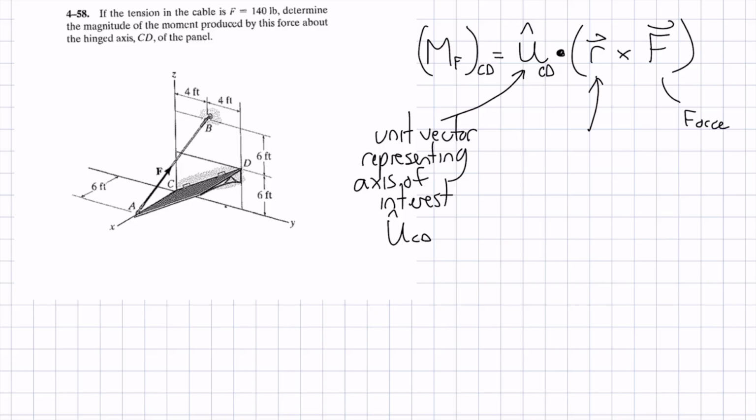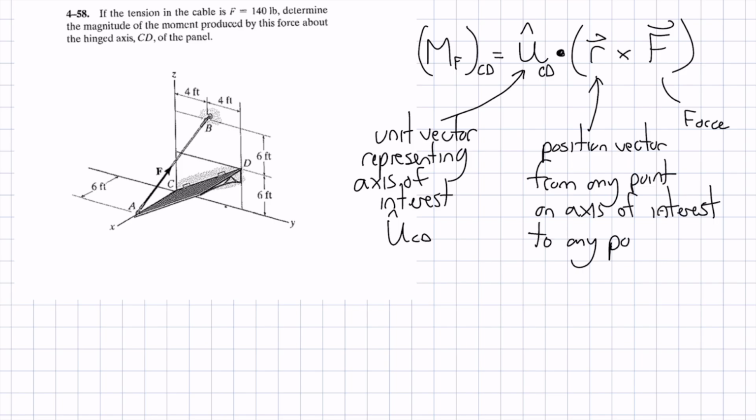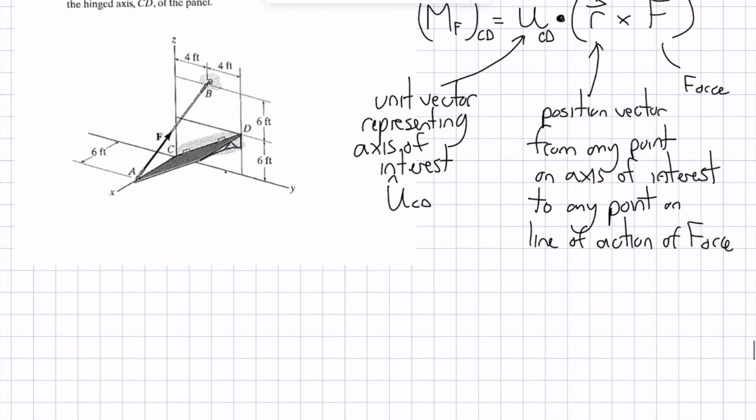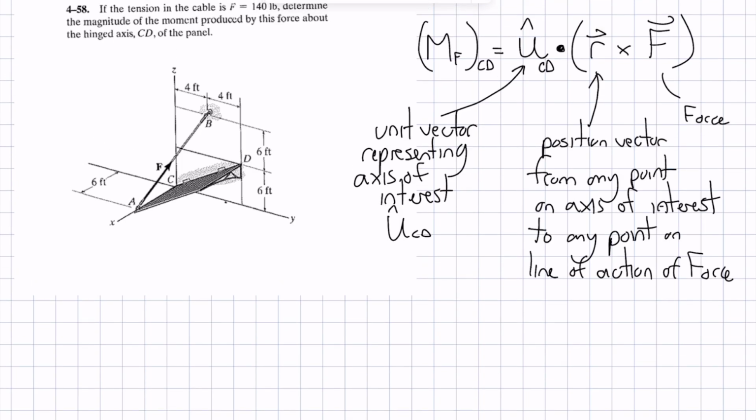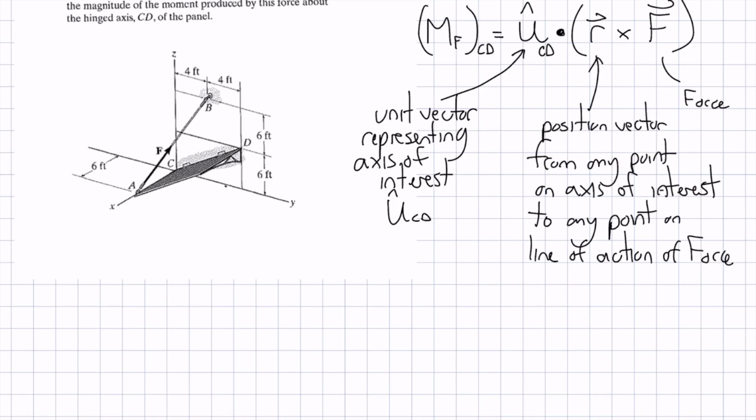And R, this would be a position vector from any point on the axis of interest to any point on the line of action of the force. Okay, so this actually opens up a bunch of possibilities for us because there's two really identifiable points on the axis of interest, particularly C and D. But also notice there's two pretty good, well-defined points, A and B, on our line of action of the force.